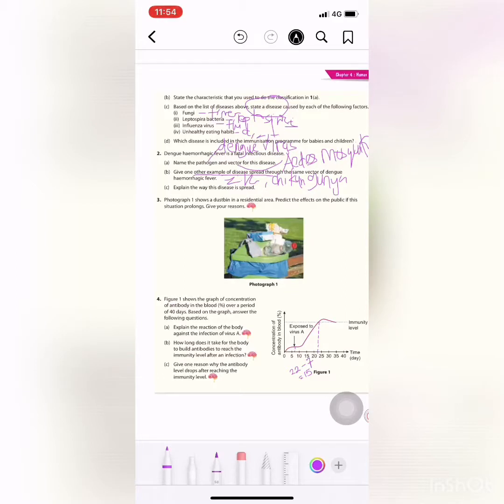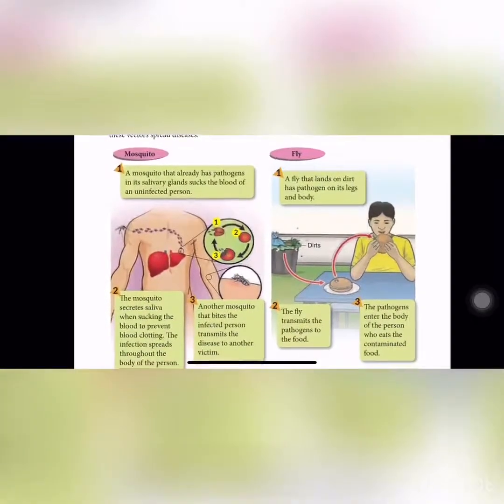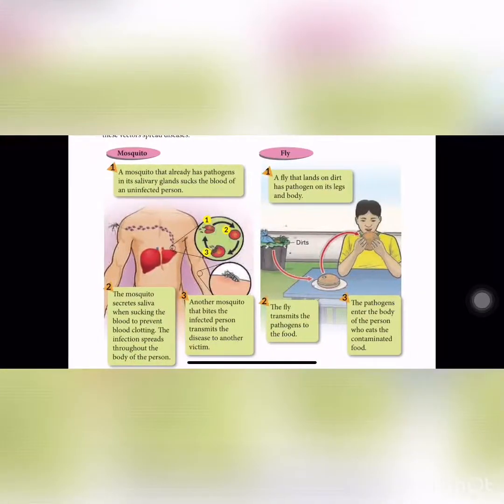2C, explain the way this disease is spread. So I see that one not much problem. I think you can refer back to your textbook. Okay, how do vectors spread diseases? So there are 3 steps how mosquito can spread the disease.